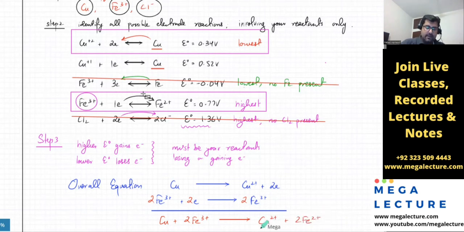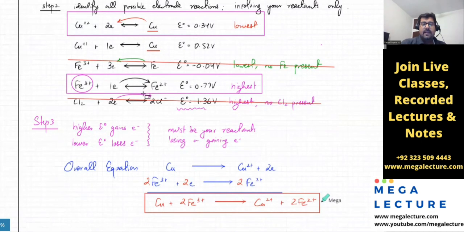So after all of this effort, you've been able to figure out what your final equation is. And you've also been able to figure out the E0 cell. That's reduction potential minus oxidation potential. That's your E0 cell.